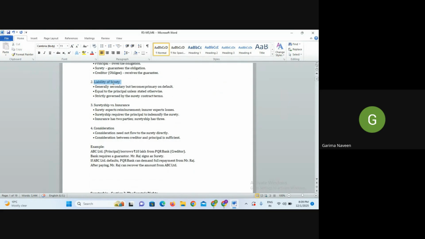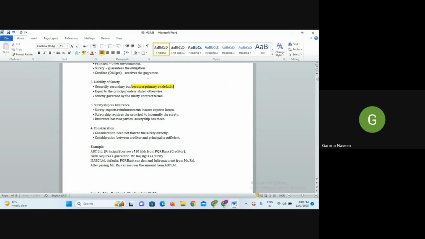The liability of the surety is generally secondary. The primary liability is with the principal who has the obligation to pay, but if he does not pay, then the surety has the obligation to pay. It becomes primary on default.